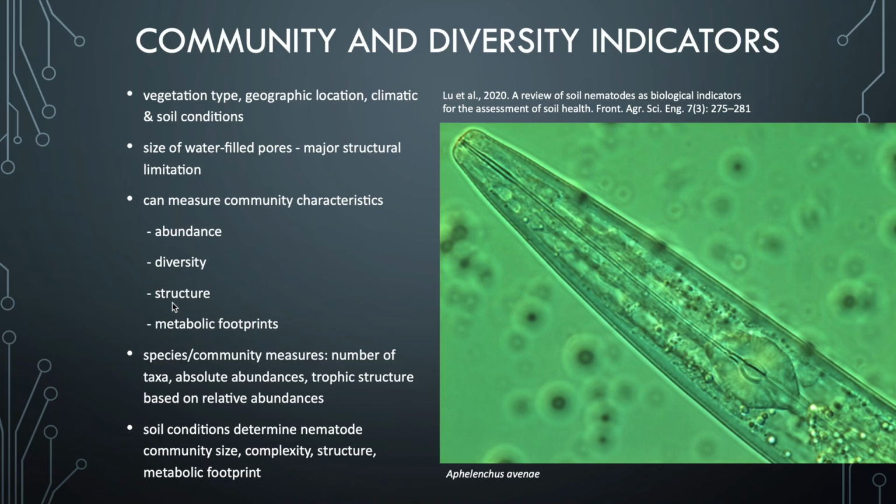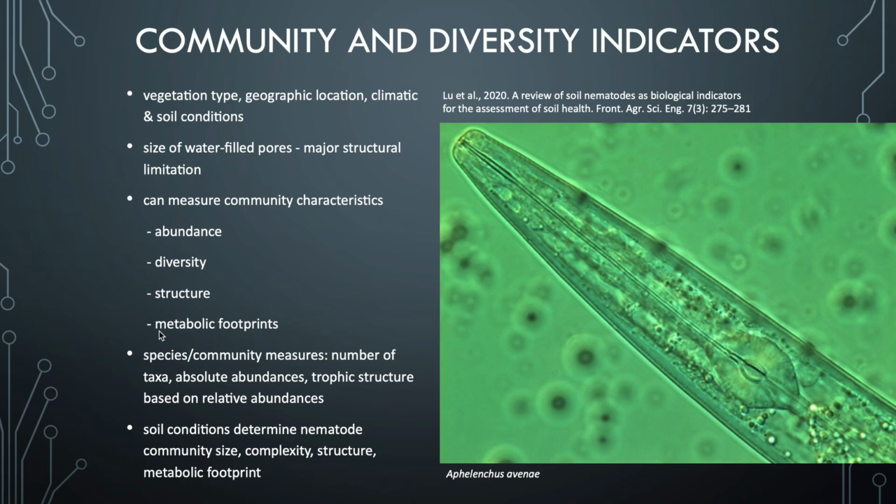So are there bacterial feeding nematodes and that's all we've got, or are there also predators, are there fungal feeders, and so on. And also the metabolic footprints can be measured, and this is the measurement of the metabolites that result from the livelihoods of particular organisms, in this case nematodes.